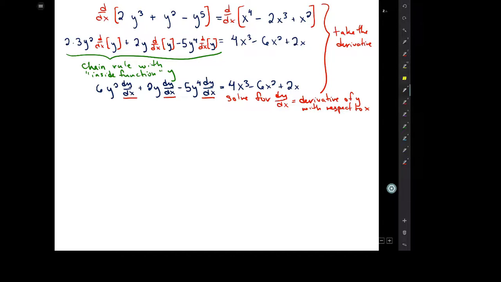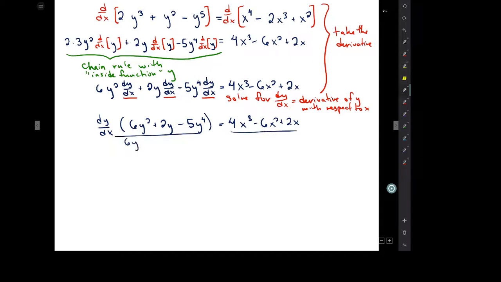So first I'm going to factor it out. I take dy/dx out of all three of these terms, and I have 6y squared plus 2y minus 5y to the 4th. I still have this right-hand side over here, 4x cubed minus 6x squared plus 2x. And I divide both sides by the 6y squared plus 2y minus 5y to the 4th.